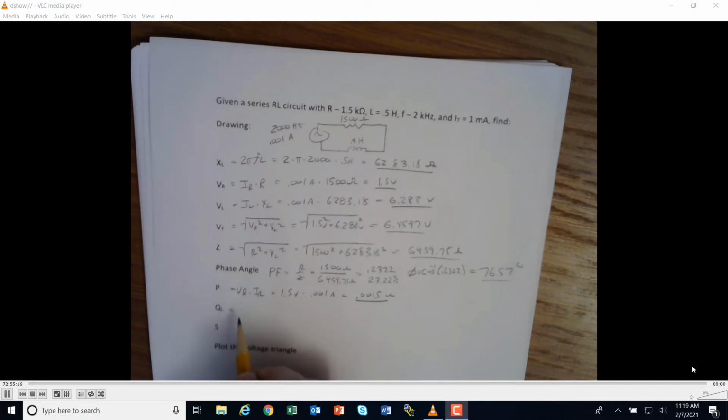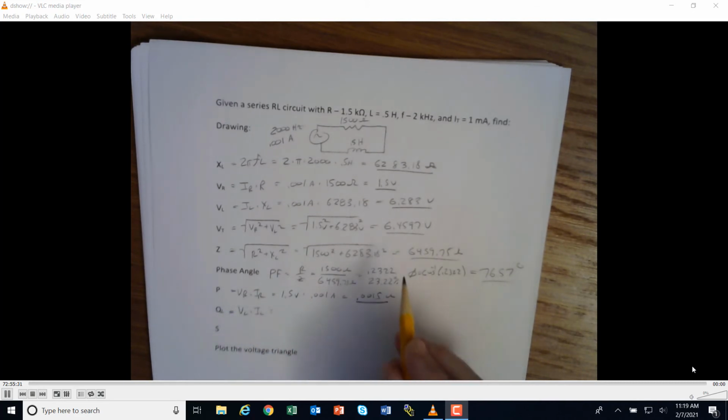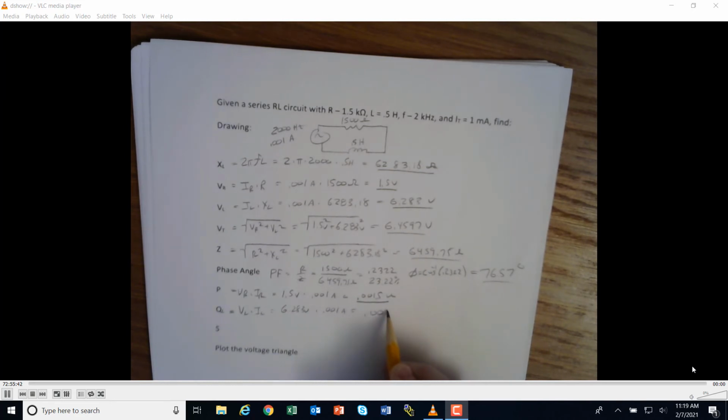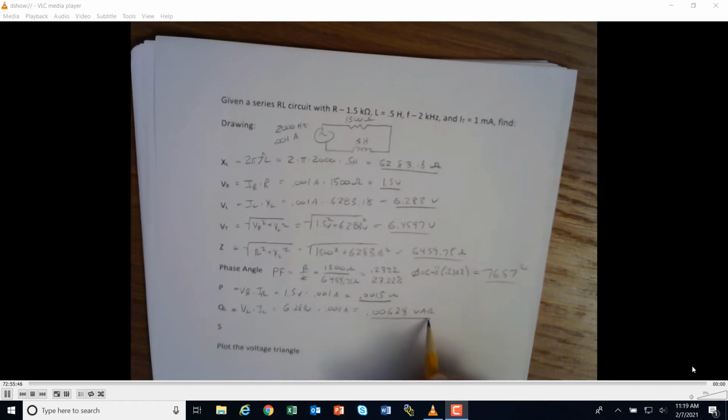Now this is the stuff that's just part of the circuit, and it's costing us money because we're not getting any work out of it. So we have our voltage of our inductor times our current of our inductor, and so we had 6.283 volts, and we had 0.001 amps, and that is equal to 0.00628 var. Okay, so there we go on that.